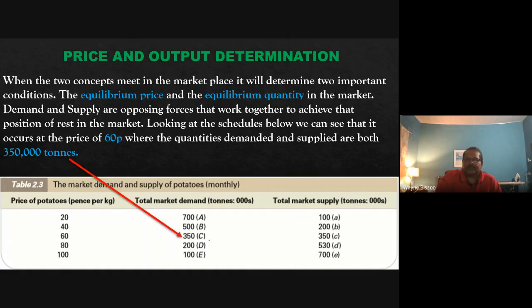You'll notice that at point C, at 60 pence, this market seems to be in equilibrium because the two forces in the market seem to be canceling each other out. At this level, the market is said to be in equilibrium.